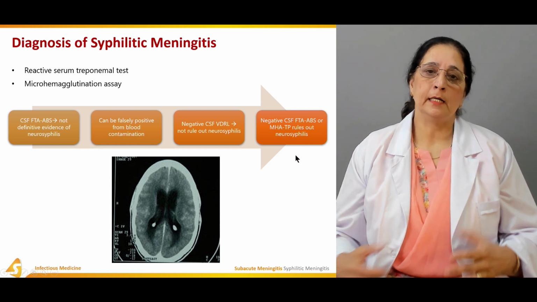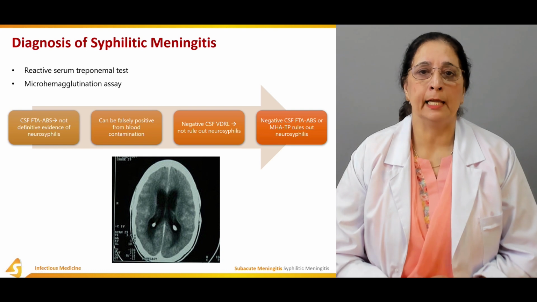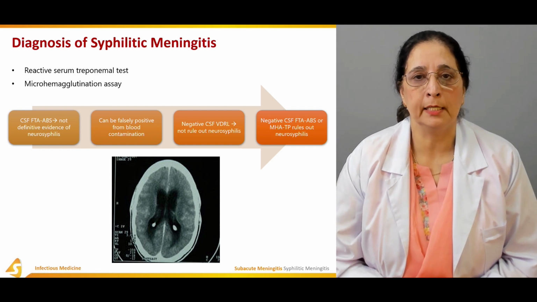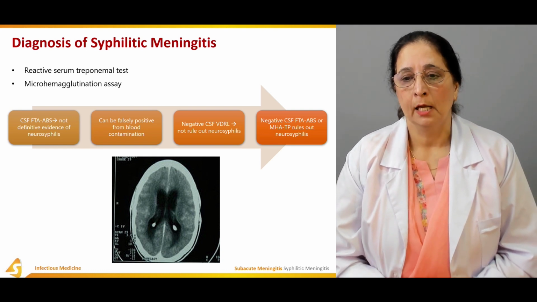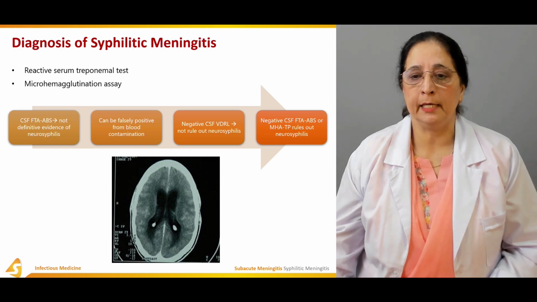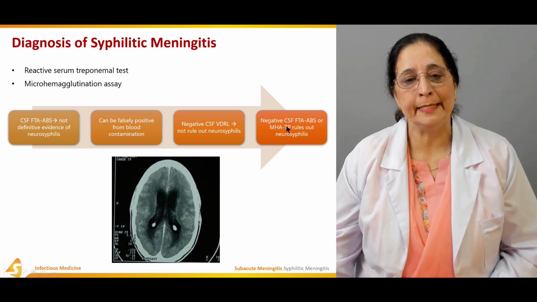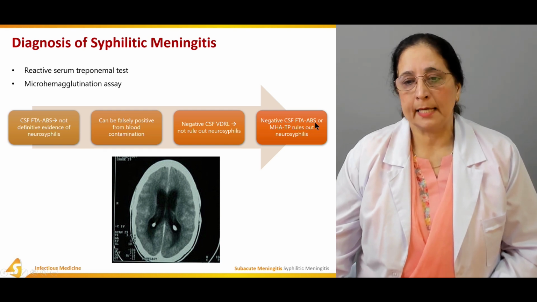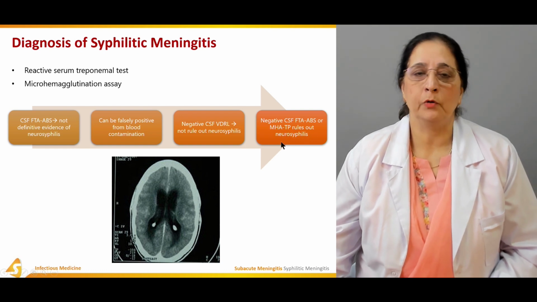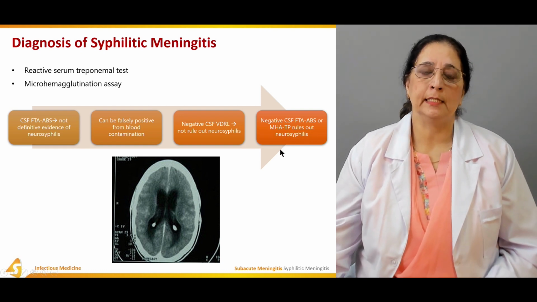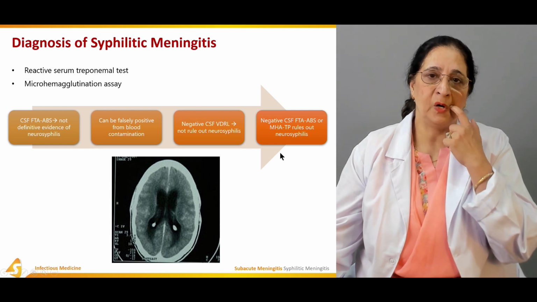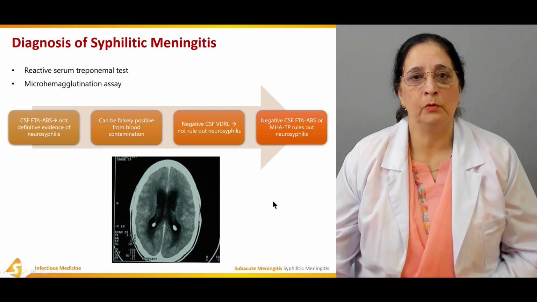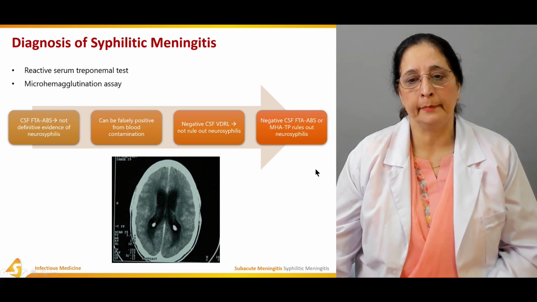So these are some diagnostic tests which help in the diagnosis of syphilitic meningitis, but the important thing is that a negative CSF FTA-ABS or MHA-TP rules out neurosyphilis. So if this test is negative, we should rule out neurosyphilis and rule out that it's syphilitic meningitis.